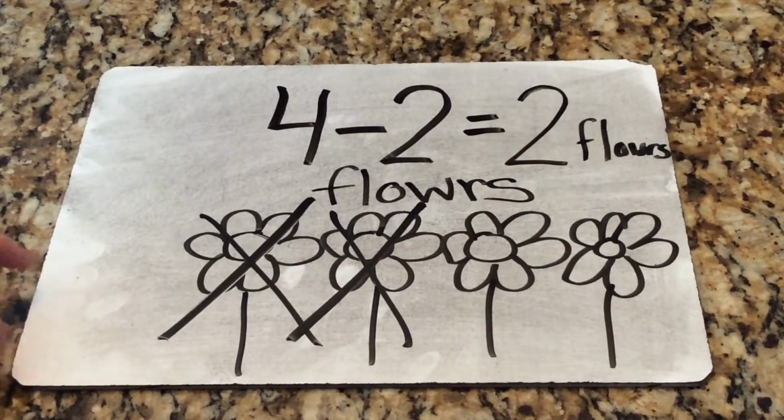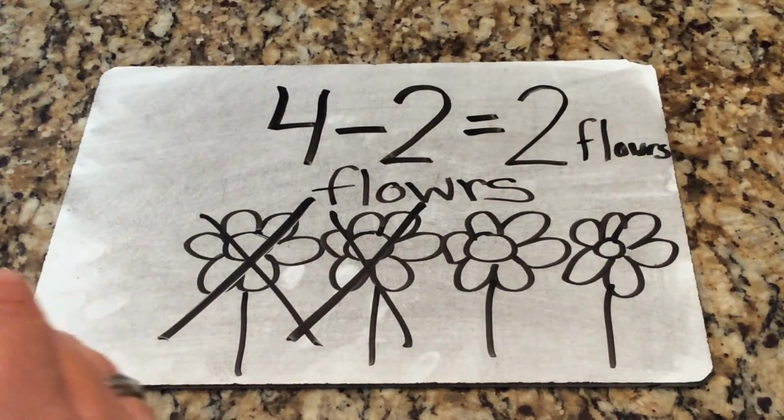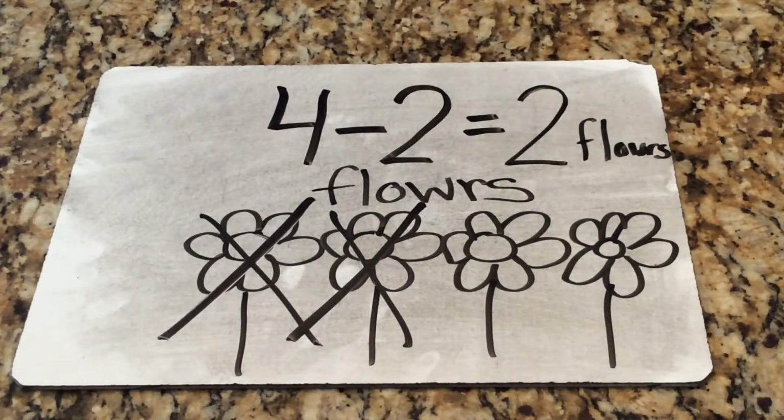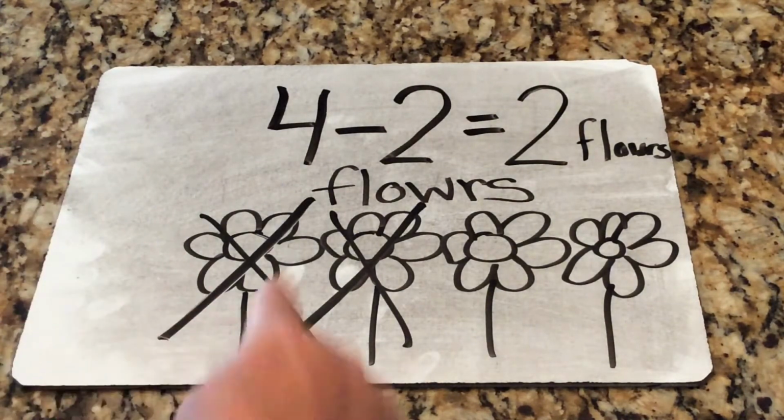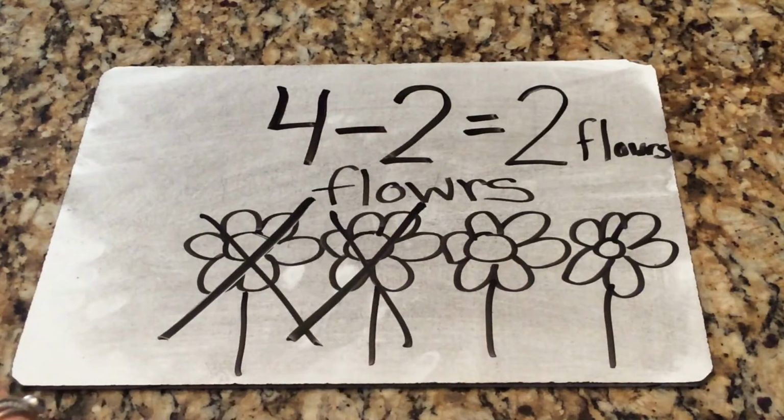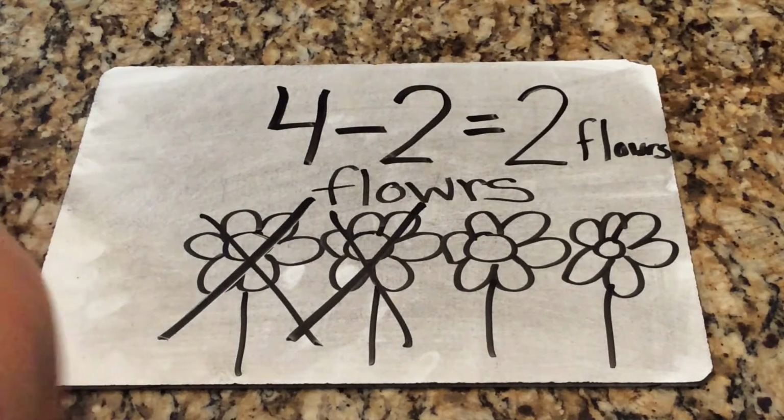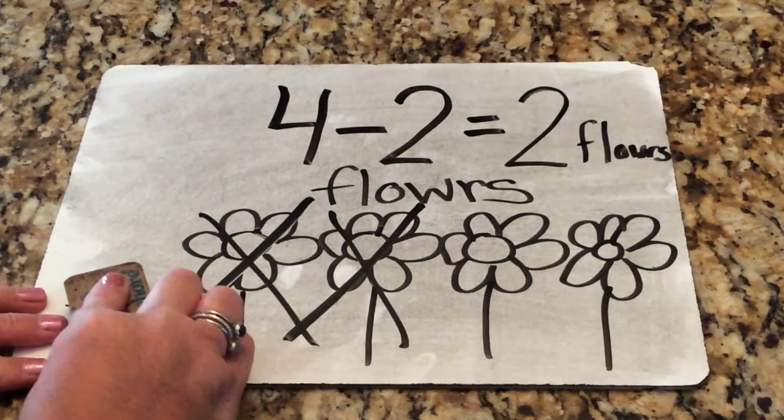Flowers. We are sound spelling since it is not one of our sight words. Say it slow and write the sound. So if it says how many are left, that's a key word for a subtraction problem. If the problem says how many in all, that's usually telling you it's going to be an addition problem.